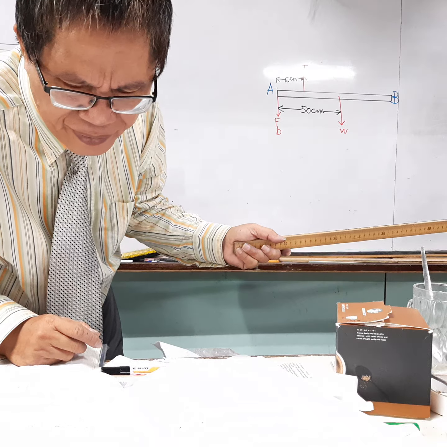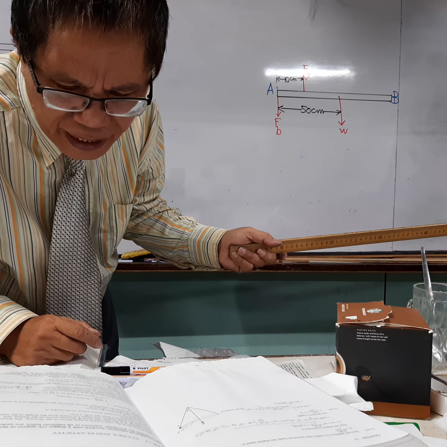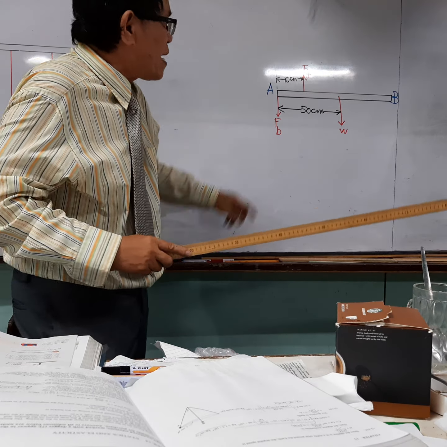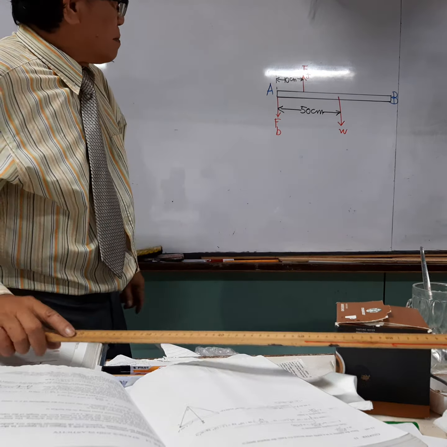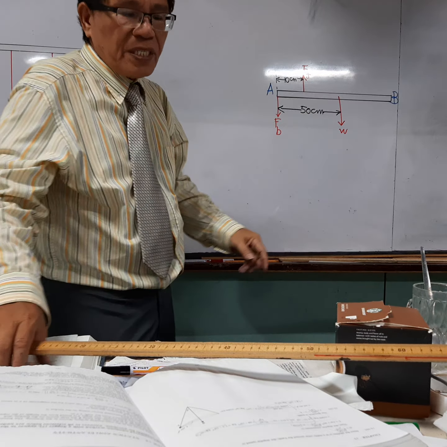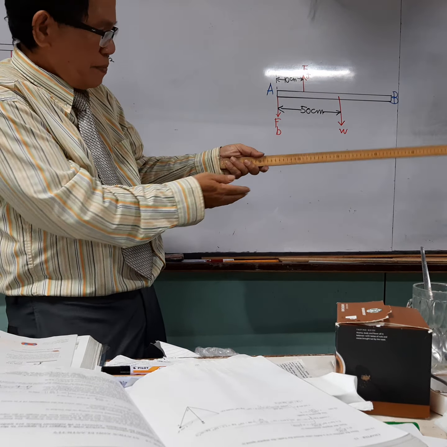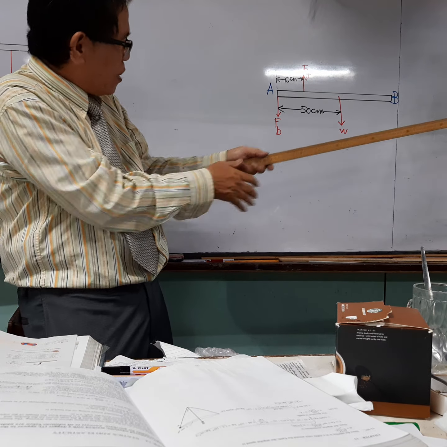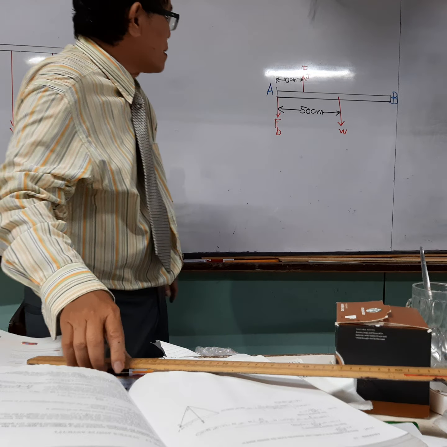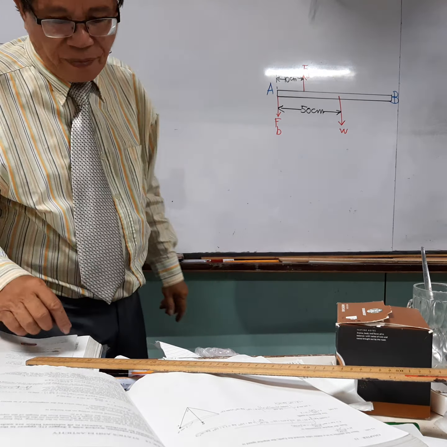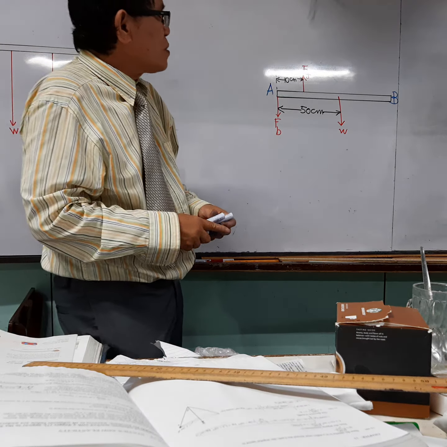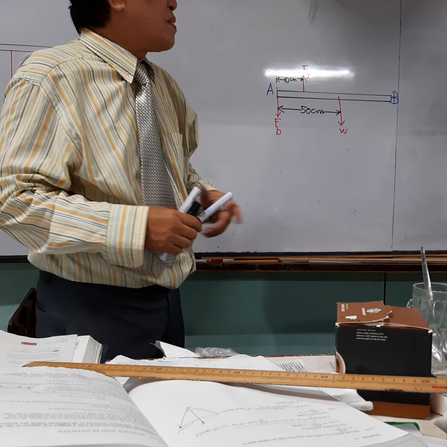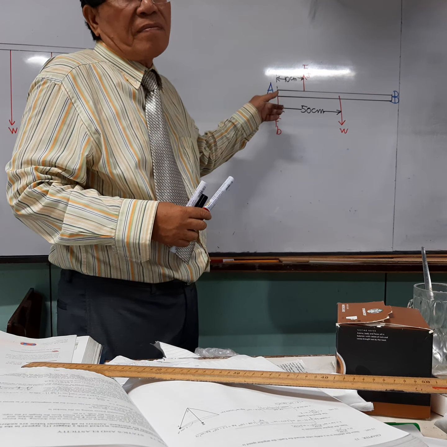Now, after having this, we are going to have a sketch. So this one is the sketch now. This is the force F going upward. This is the force going downward. And so, we are going to have what we call the axis of rotation or the pivot point. Let us consider A as the pivot point or the axis of rotation.